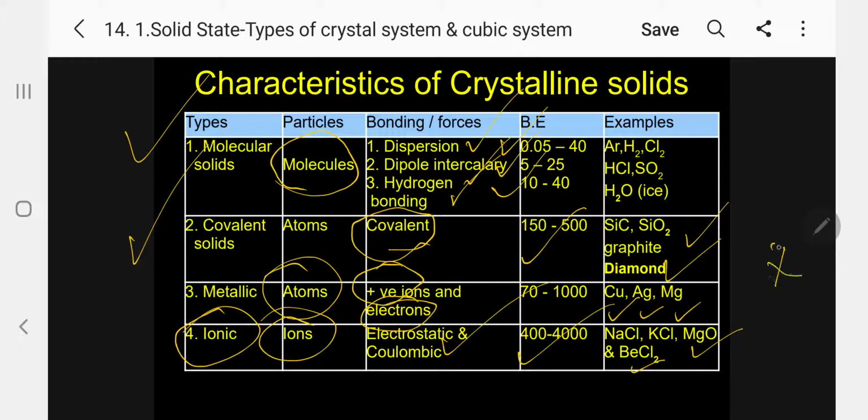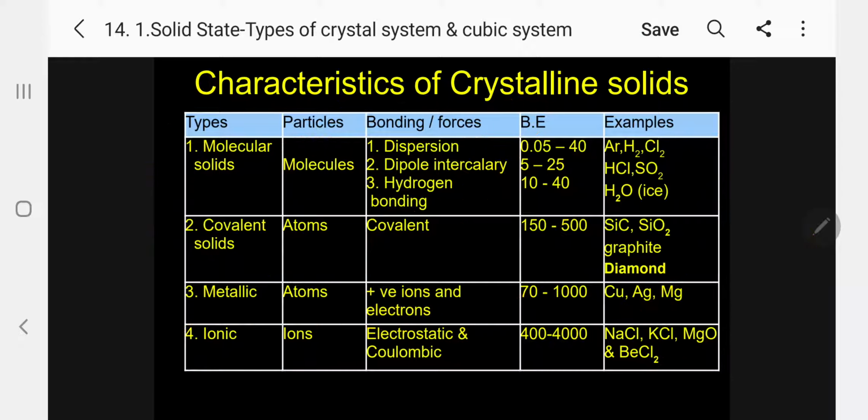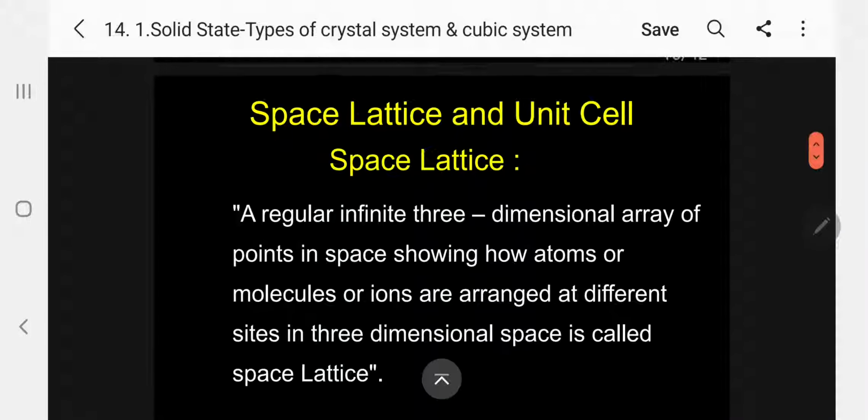So, my dear students, here you have to memorize, the question can be asked. The particle they will ask you, then the example they will ask you. Mainly, these two they will ask, and also the force. Regarding energy, it is not necessary to memorize. Okay.